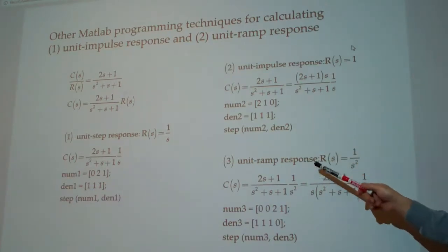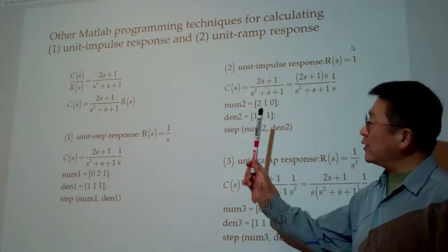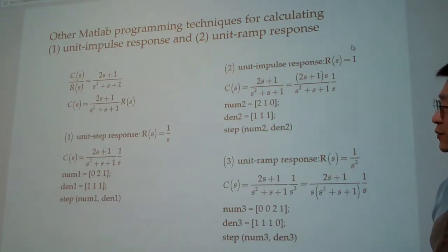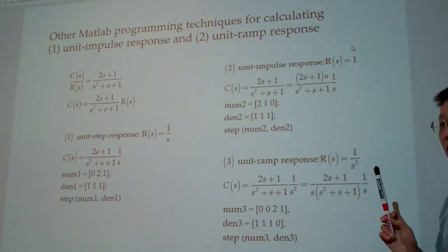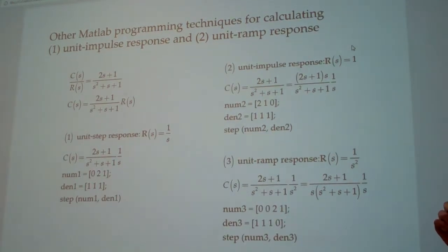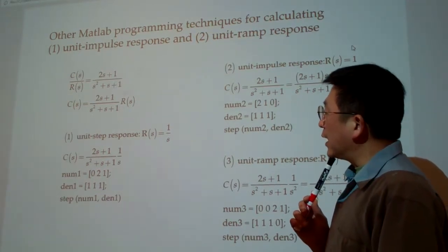The three are the typical responses we use in traditional controls for analytical solutions. I'm using the three examples to demonstrate how to use the same command. You can see I use the same step command. How can we use it to calculate the response in MATLAB?